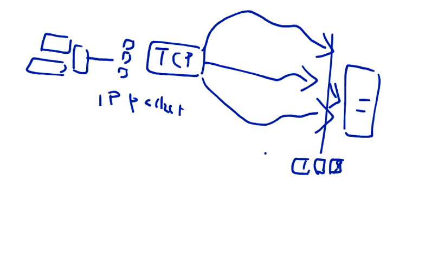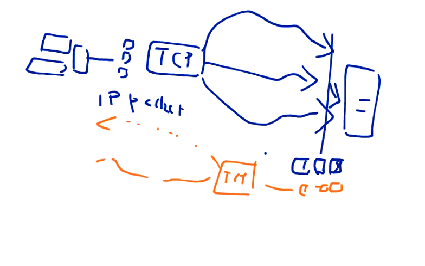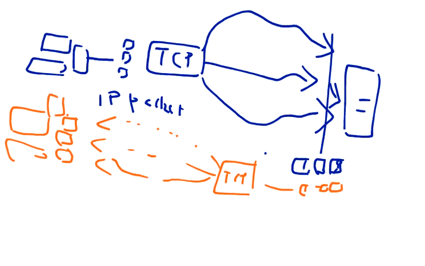Then the server processes that request and makes different packets, and those packets are taken by TCP, which tells them to follow different paths. But when they reach the client, they have to get arranged in this way, and then the client browser shows the web page.